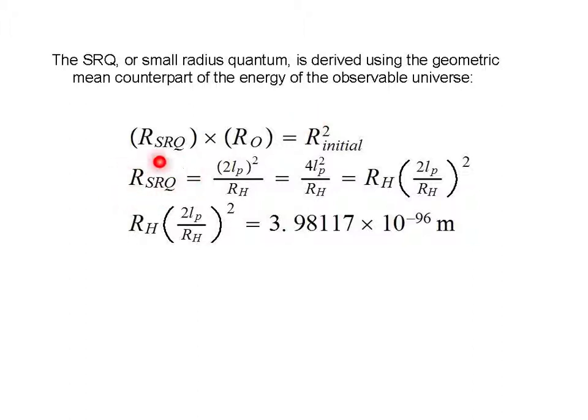Solving for the small radius quantum radius gives us 4lp over r sub h, which can also be expressed as r sub h times 2lp over r sub h squared. It comes to about 3.98 times 10 to the minus 96 meters.